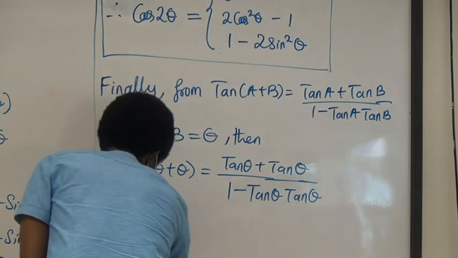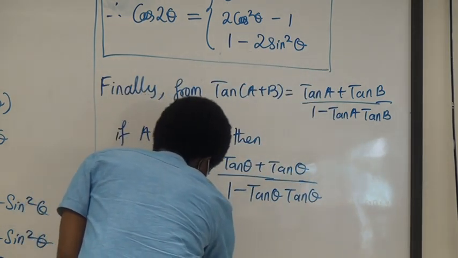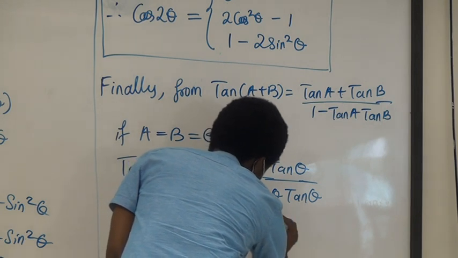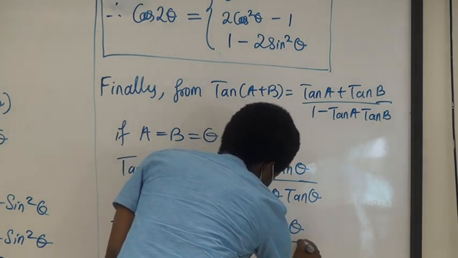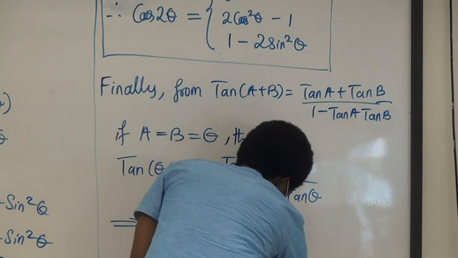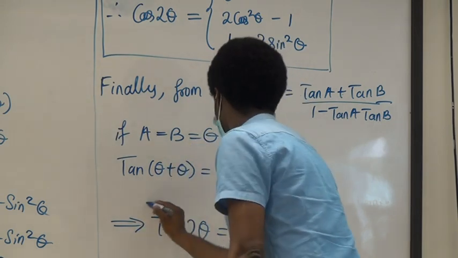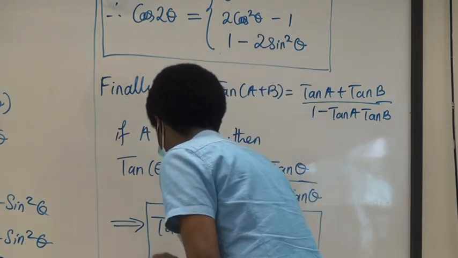And that gives tan 2 theta equals 2 tan theta divided by 1 minus tan squared theta. That is the double angle for tan.